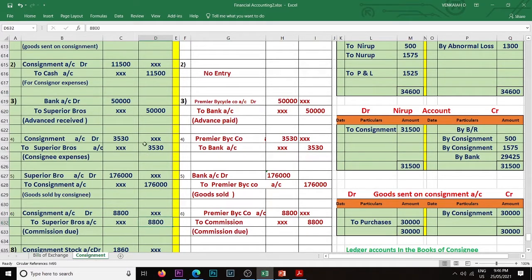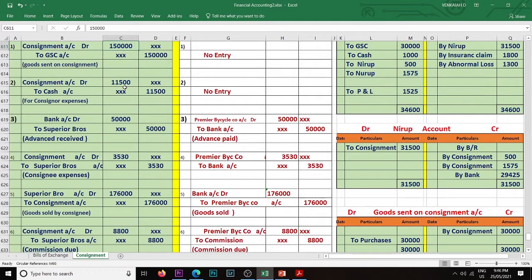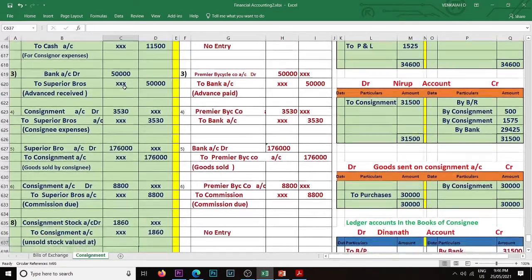Okay, right. Now we have to calculate unsold stock as well as abnormal loss. So here we have to take consigner expenses 11,500. Consignee expenses is 1532.